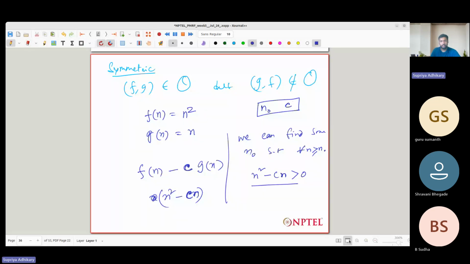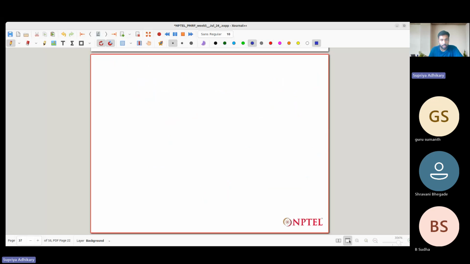If we take that as n0, then for that number, n square minus cn will definitely be greater than 0. And any integer larger than that will also give greater than 0. Why? If we draw the graph, that will make it clear.